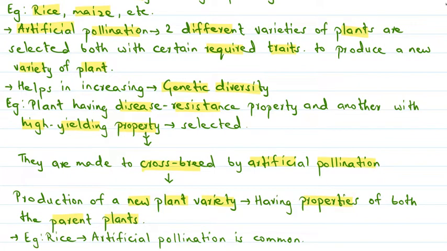The artificial pollination that takes place in rice is very common in the field of agriculture.